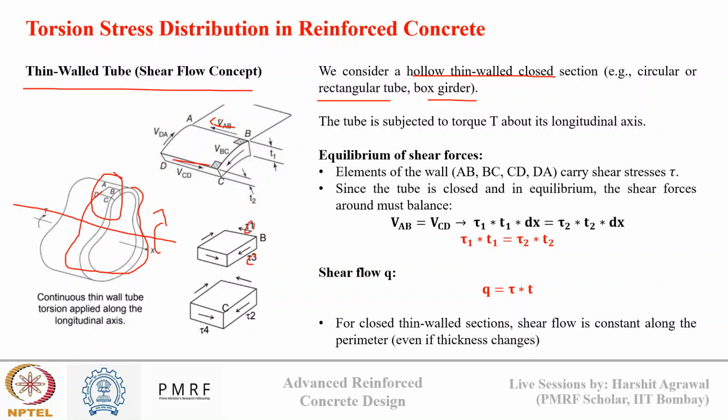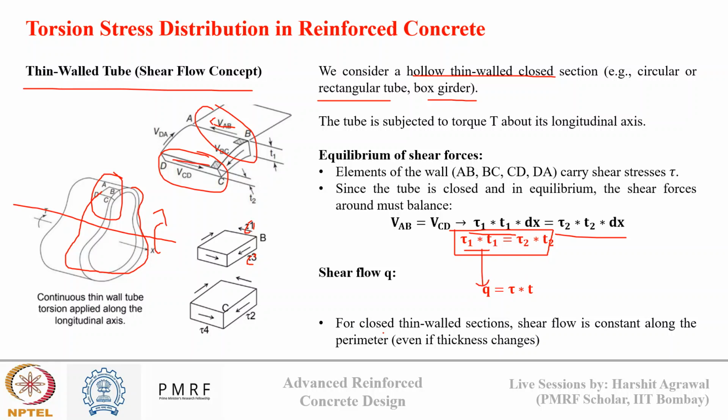So this shear force VAB should be equal to VCD. So tau 1 times t1 into dx, where dx is basically the length of this section, will be equal to tau 2 times t2 times dx. From this we get the equation tau 1 t1 equals tau 2 t2, and this is what is known as shear flow, tau times the thickness of the member.